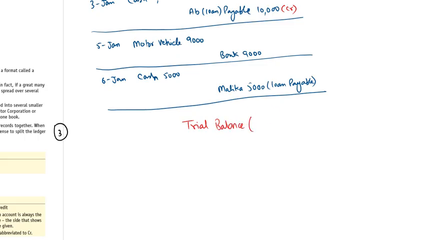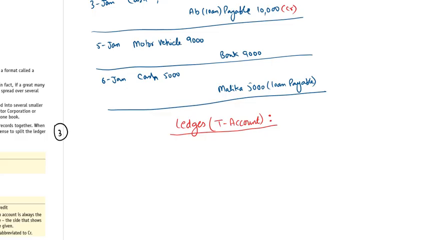What is the second name of trial balance? Oh, sorry, that is the ledgers. And the third one is the ledgers. What is the second name of ledger? T account, because we'll open the account in the form of the alphabet T.